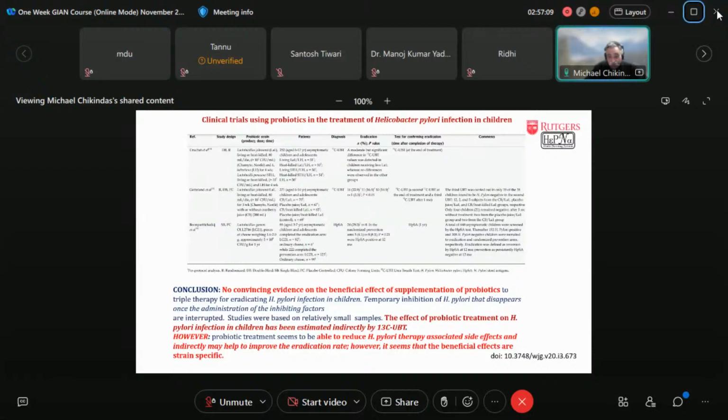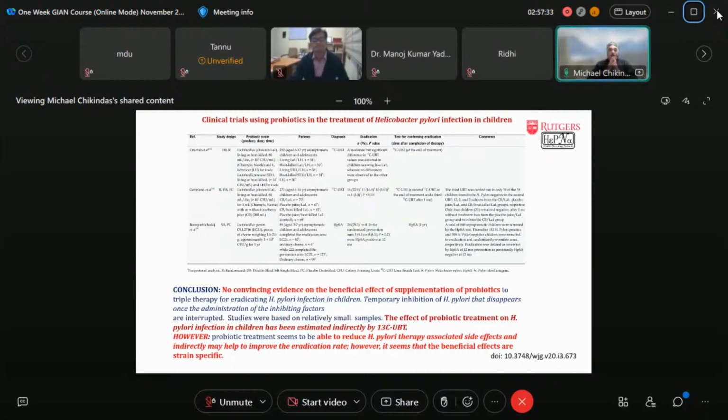Temporarily, inhibition of H. pylori disappeared when the administration of these factors was interrupted. Very small studies, separate studies, the effect of probiotic treatment in children has been estimated only by the breath test.